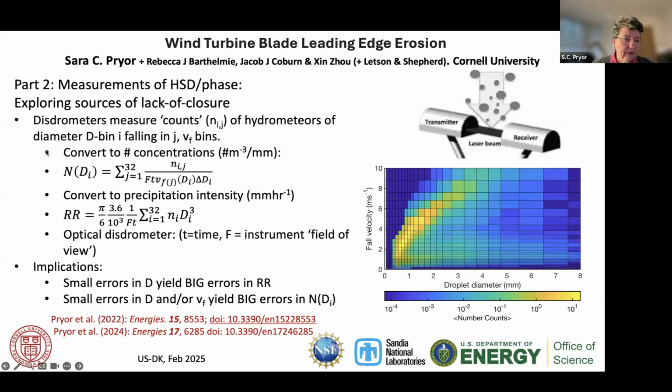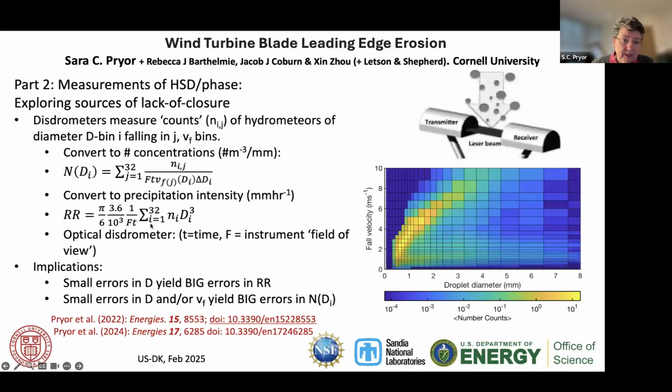We can convert those into number densities using this equation, where F is the field of view, T is the time, V is the fall velocity for a given diameter class, and delta D_i is the width of the diameter class.